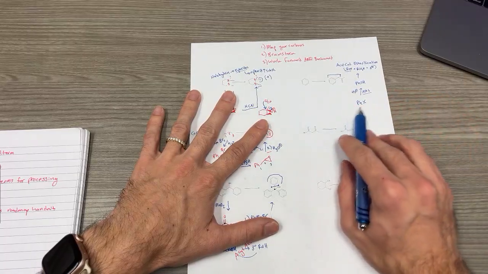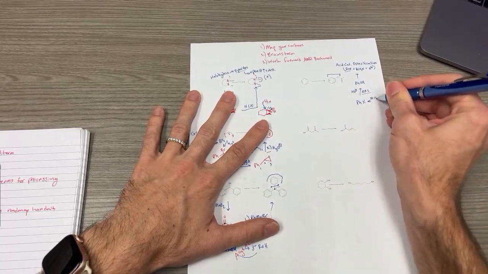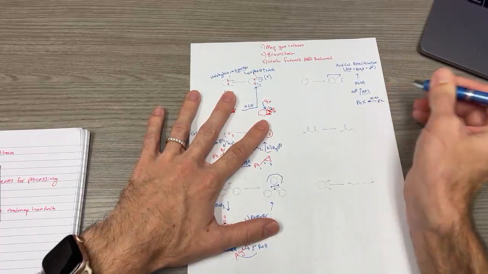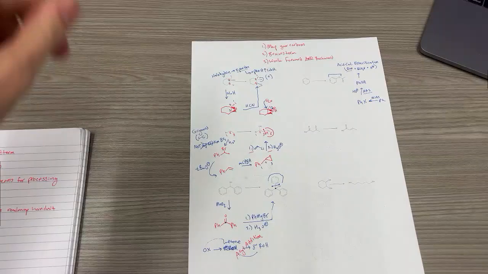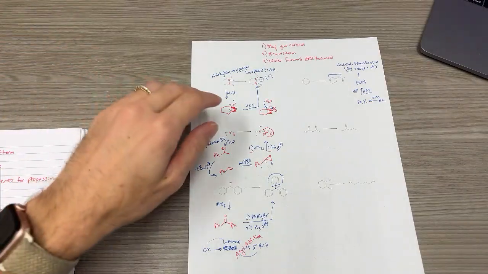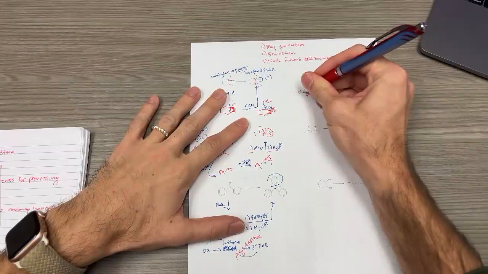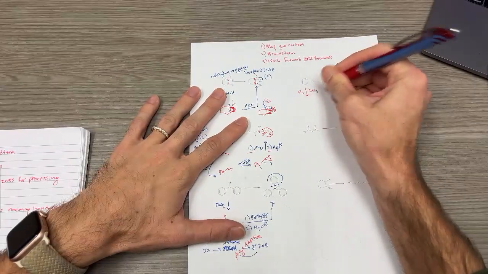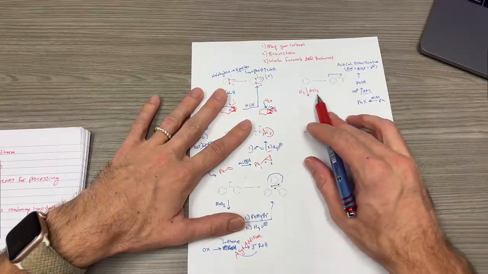How do I make an aryl halide from benzene? That is an EAS reaction. I have two choices based on the reactions we learned about in class, and that would be either bromination or chlorination. Cl2 with AlCl3, or Br2 with FeBr3.